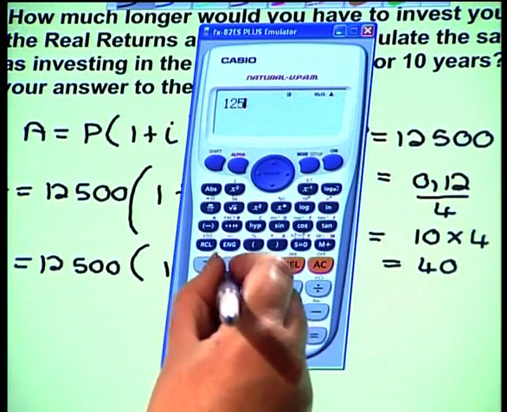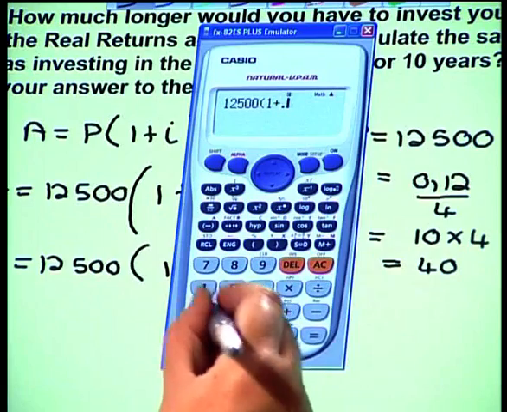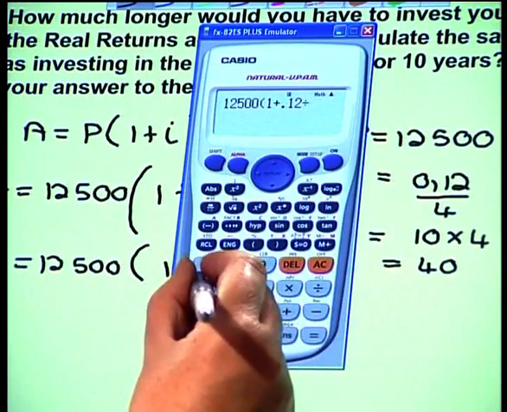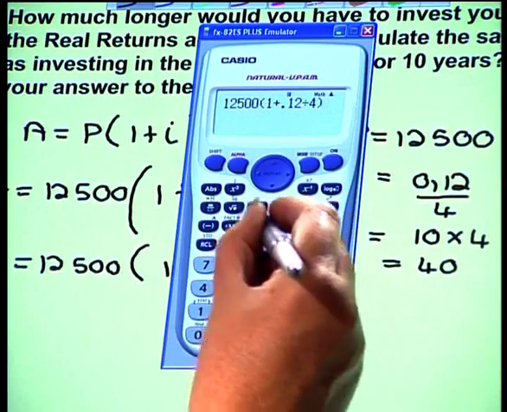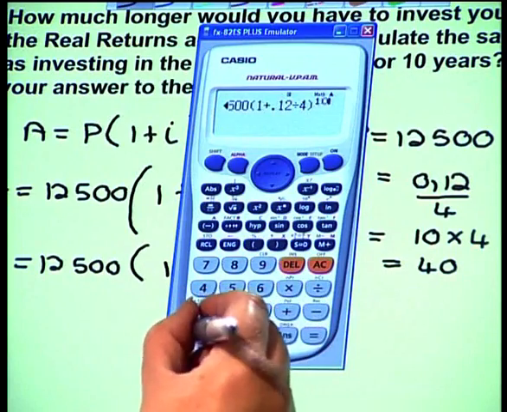Okay, so 12,500, open our brackets, 1 plus 0.12, divide by 4, close my brackets, raise to the power, and if you wanted to, you could even go 10 times 4.